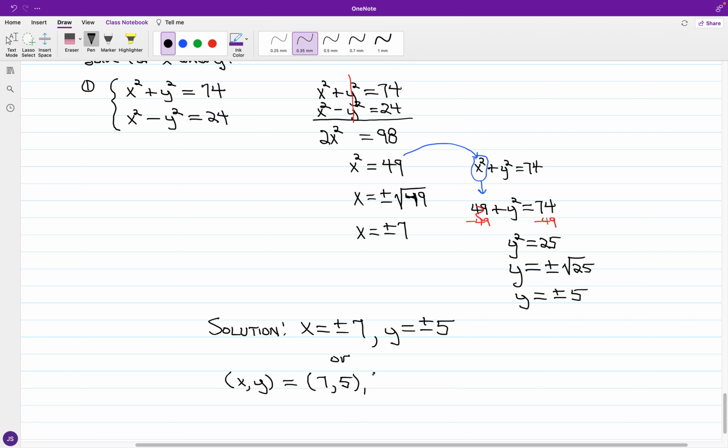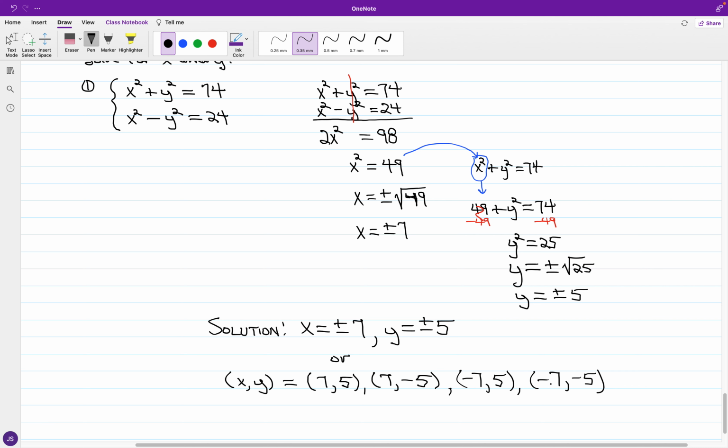Also a couple of combinations where one is positive and the other is negative, like 7, negative 5, as well as negative 7 and 5. And the remaining point is where both x and y are negative.